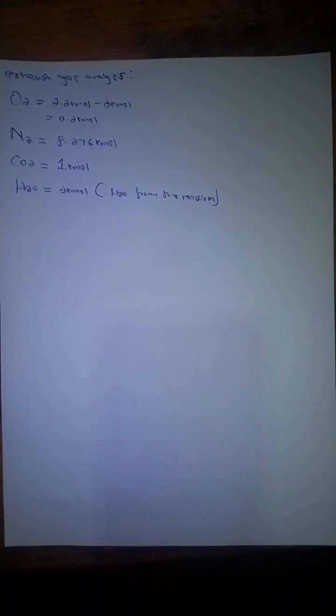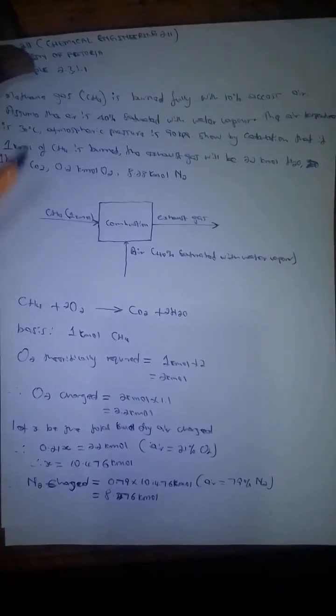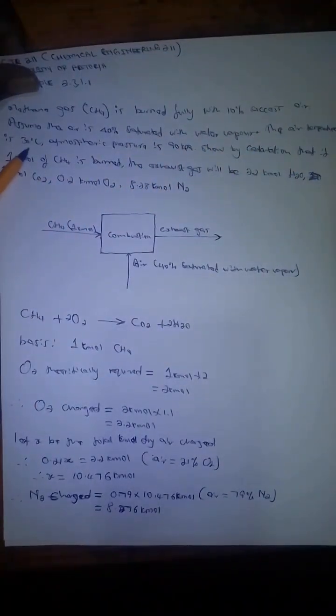Vapor pressure is something that you can find from the steam tables. The steam tables show information on the vapor pressure of water. Here they say it's 40% saturated with water vapor, and the air temperature is 30 degrees Celsius.